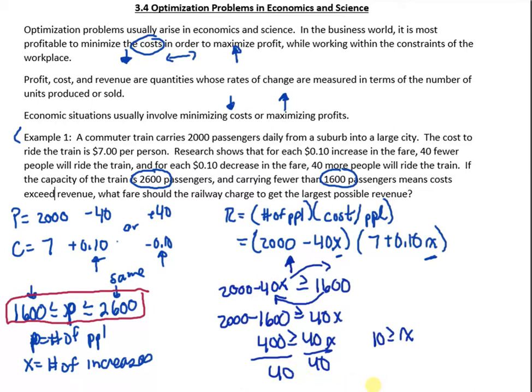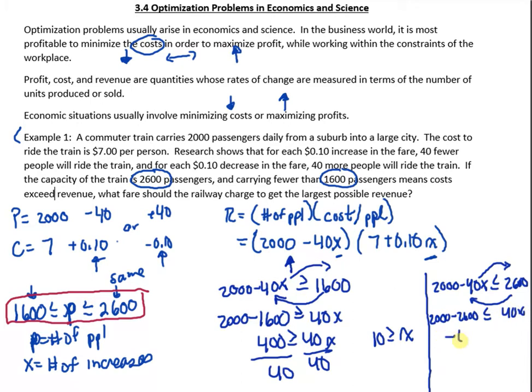Since the number of passengers cannot exceed 2,600, we also have to limit x. So we know that 2,000 minus 40x has to be less than or equal to 2,600. Bring that over, we have 2,000 minus 2,600 is less than or equal to 40x.